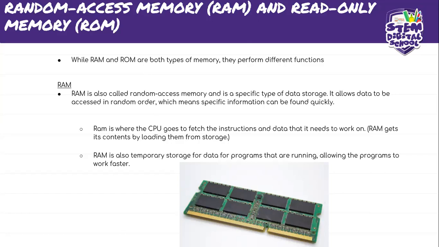RAM is also called random access memory and is a specific type of data storage. It allows data to be accessed in random order, which means specific information can be found quickly.